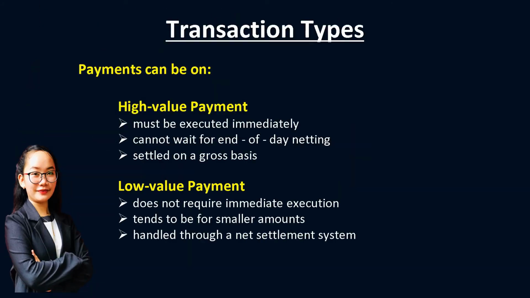Another type is the low-value payment, which does not require immediate execution and tends to be for smaller amounts. Because of the reduced need for immediate execution, these payments are handled through a net settlement system.